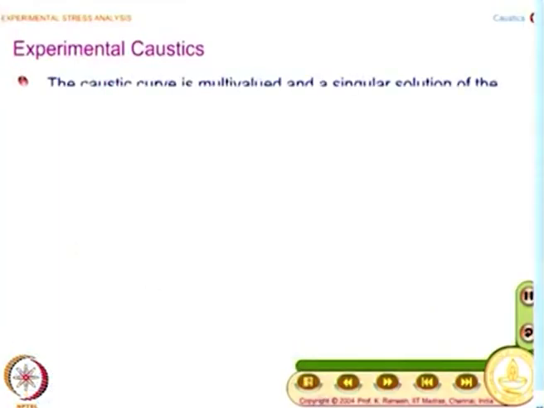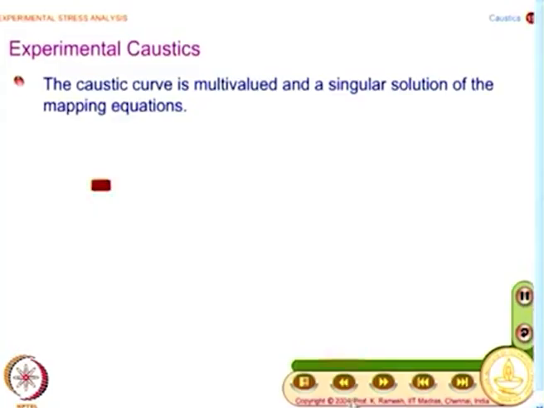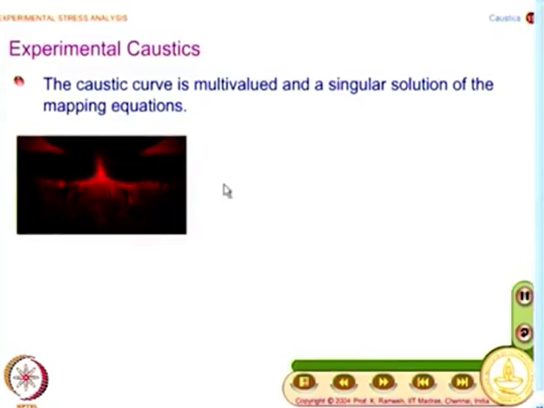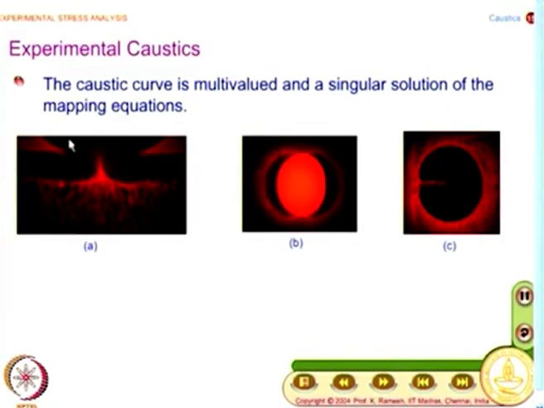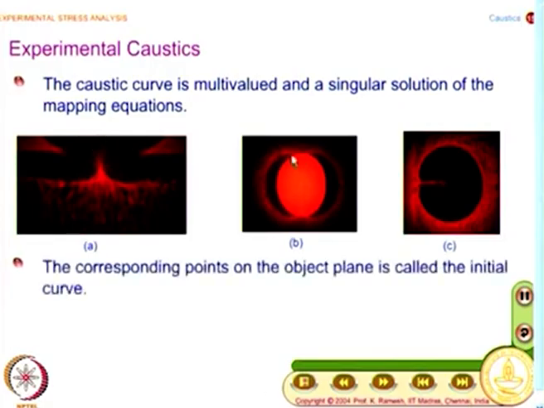And this is caustics shown for different problems of stress concentration. It is a semi infinite plate with a concentrated load. This is a plate with a hole, you have a figure of 8, and this is a plate with a crack. I have the crack here and I have a caustic envelope like this.